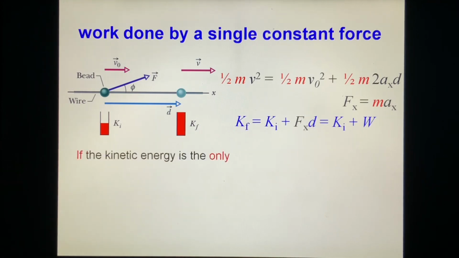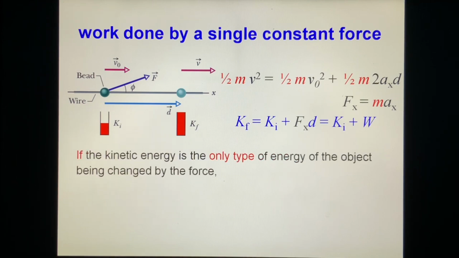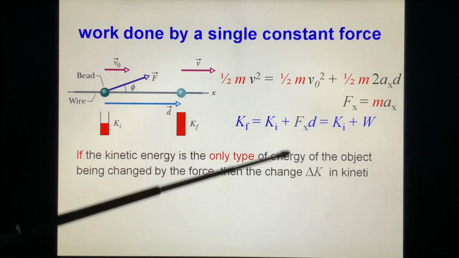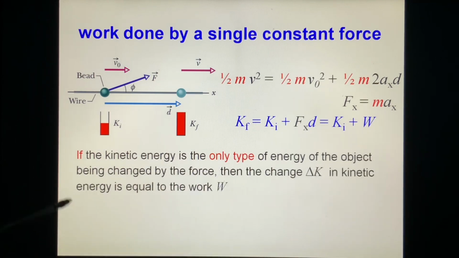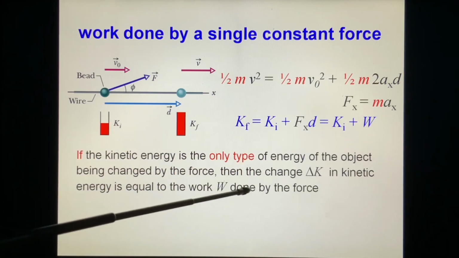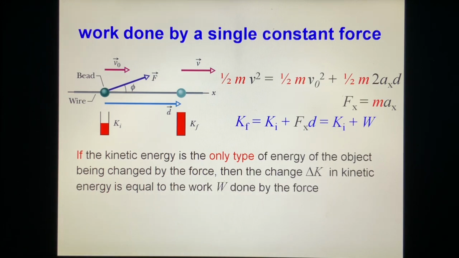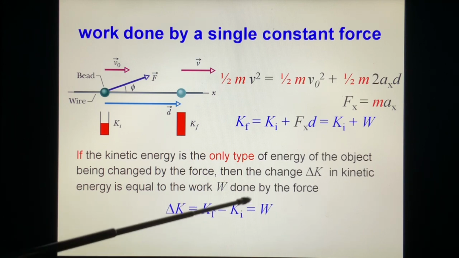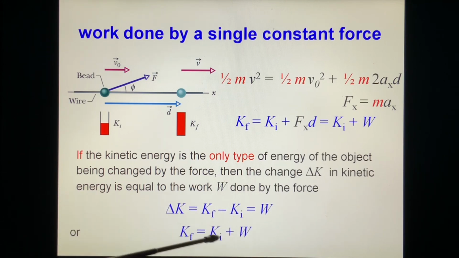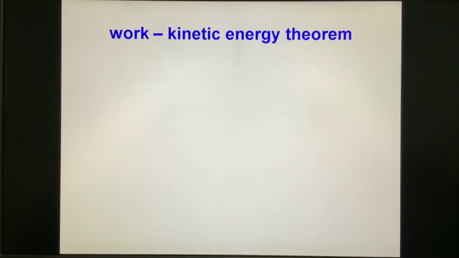If the kinetic energy is the only type of energy of the object being changed by the force, then the change delta K in kinetic energy is equal to the work done by the force. Delta K, K final minus K initial, equals W, or K final is equal to K initial plus the work done by the force W. This is the work-kinetic energy theorem.